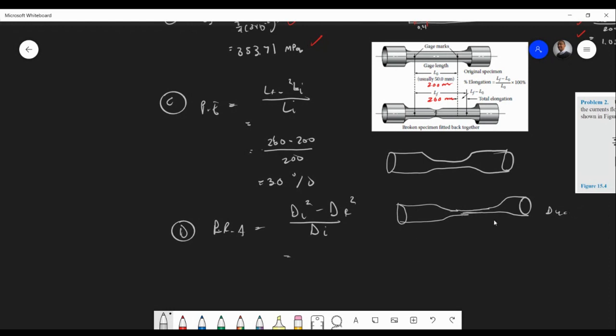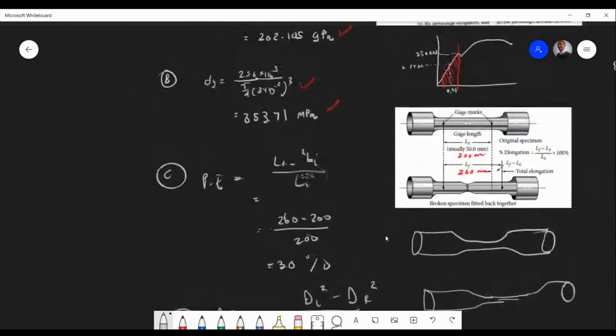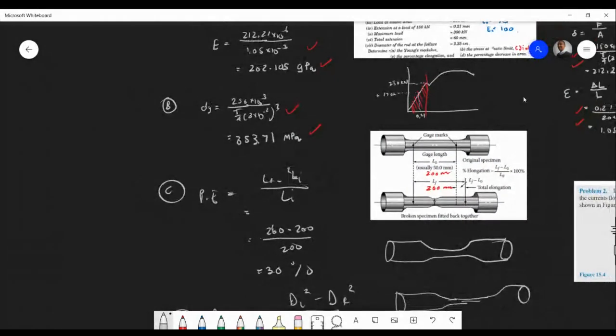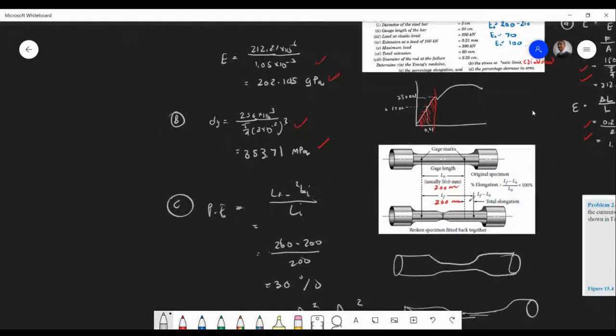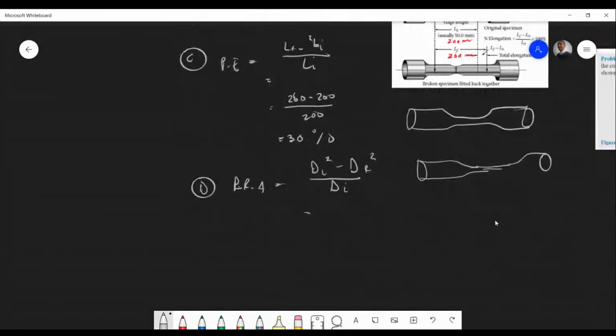So if you guys get that, the initial diameter, let's have a look at that. It was 3 and then 2.25. I think they're both in centimeters.